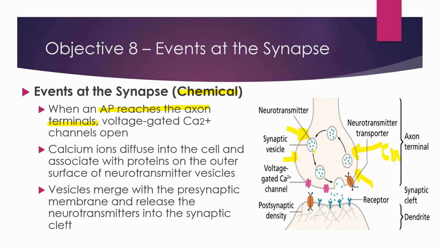It's going to trigger these vesicles to move to the membrane here, this axolemma, and release those neurotransmitters by a process called exocytosis. The vesicles are going to move to the edge of the membrane, fuse with the membrane, and release these neurotransmitters into what's called the synaptic cleft, which is this gap.